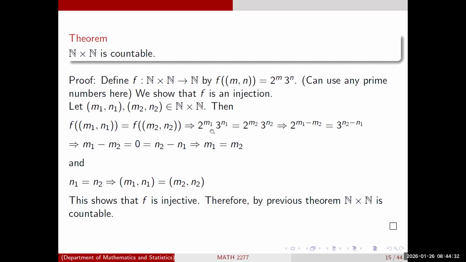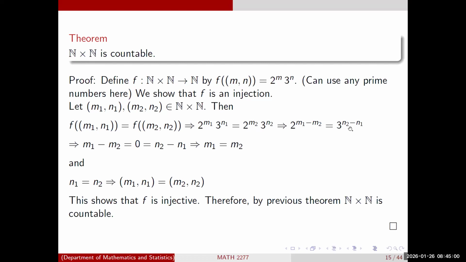Now you just use your rule of indices. Take the 2 to the m2 over to the left, and 3 to the n1 over to the right, and use your rule of indices, and you can arrive at this one. If you have 2 to some power equal to 3 to some power, then the powers must both be 0.